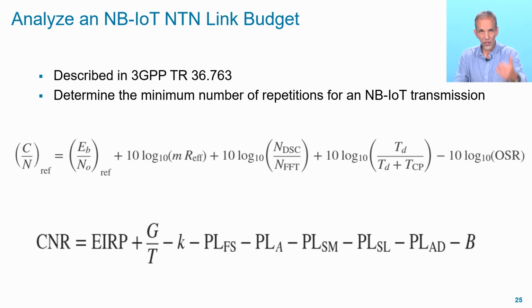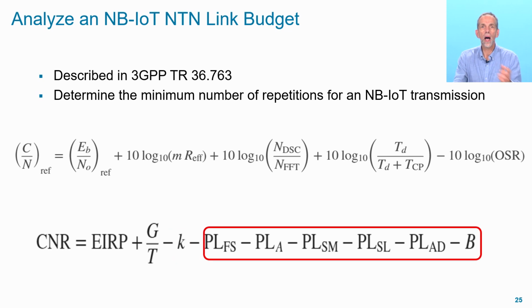Correspondingly, to calculate the actual CNR for the system, you would start at an EIRP from the transmitter, include in the received G/T, use Boltzmann's constant to help calculate the noise, include the path loss or the propagation loss from free space, from atmospheric, from the shadowing effects, from any other additional losses, and also from the bandwidth.